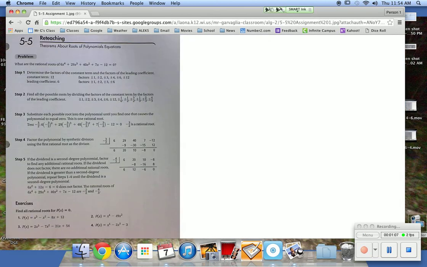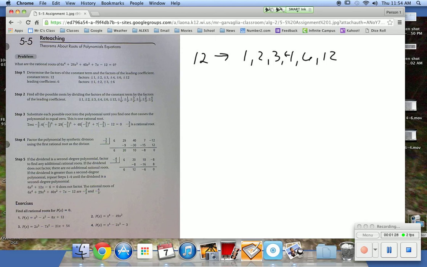So if we take a look at our last term, what are all the factors of 12? 1, 2, 3, 4, 6, and 12. Now, the first term is 6.